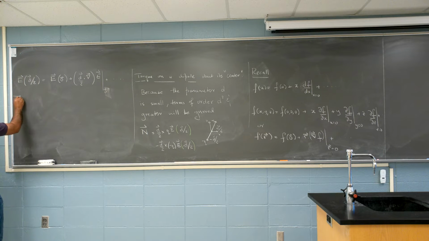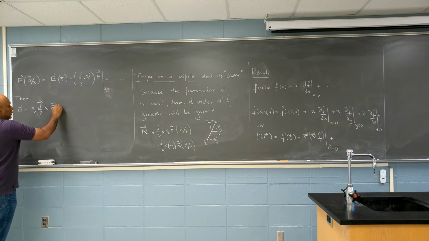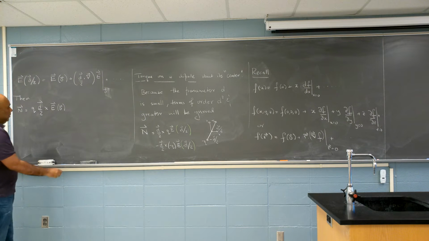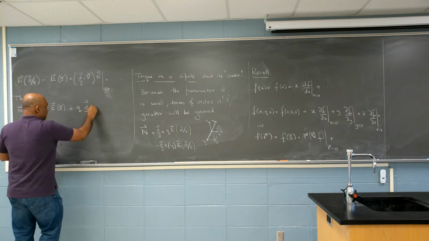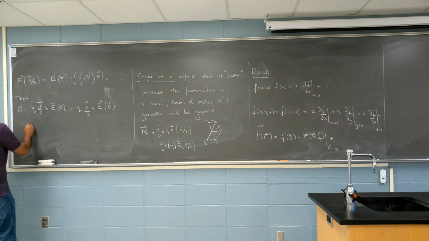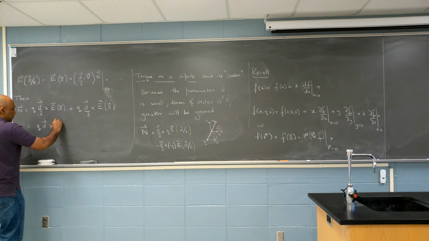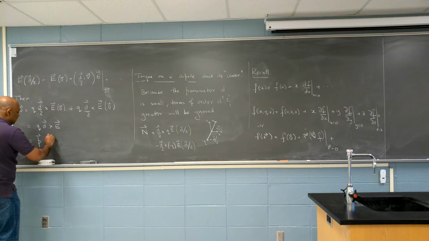So then n is equal to qd over 2 cross E at the origin, well, minus minus, at the center of the dipole.